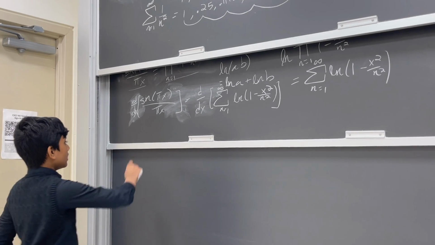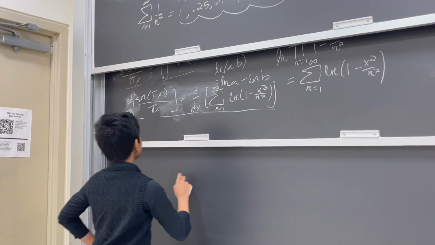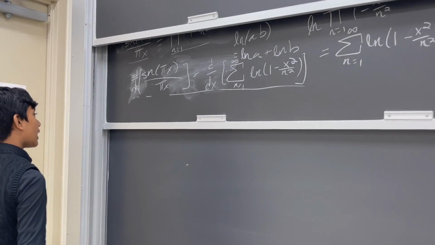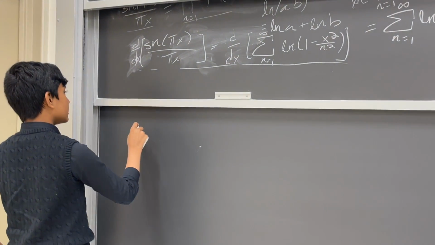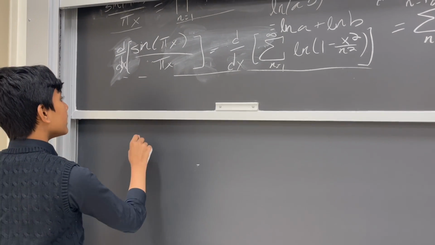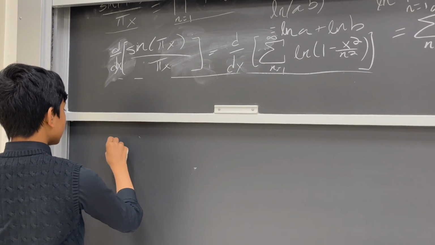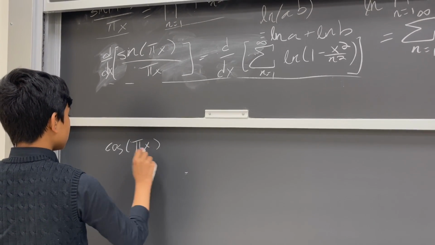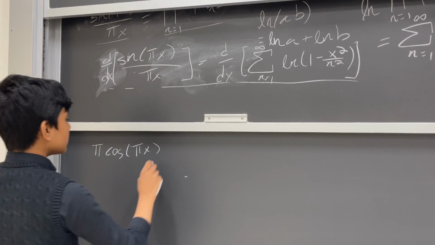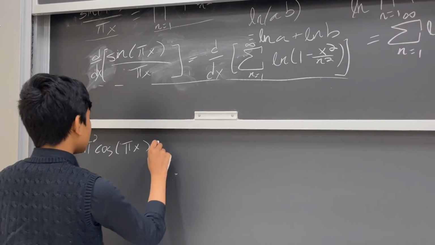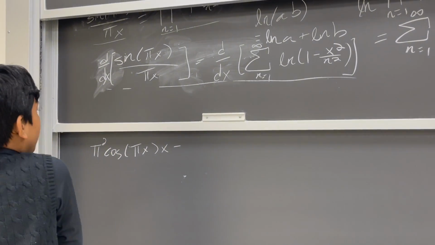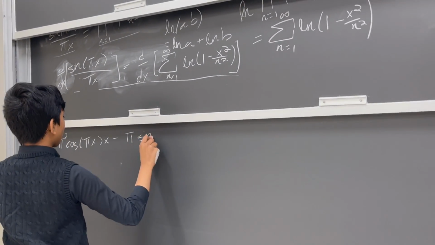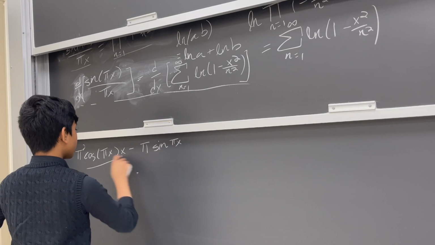And that is going to be pretty useful, because then what do we get from this one? Well, we have to use a little bit of the quotient rule right there. So sine pi x over pi x, we get the derivative of the top, which is pi cosine pi x, times the bottom, minus the derivative of the bottom times the top, over the bottom squared.